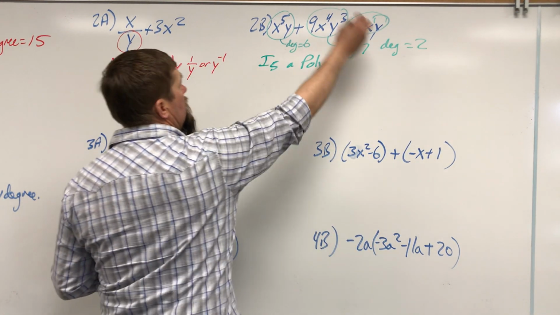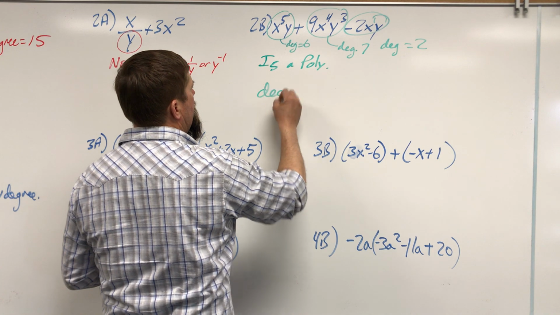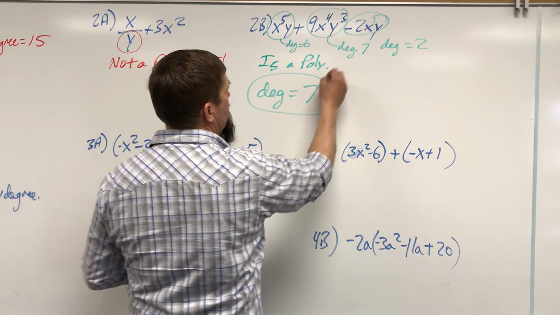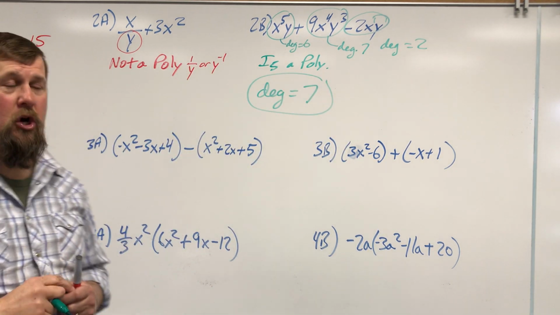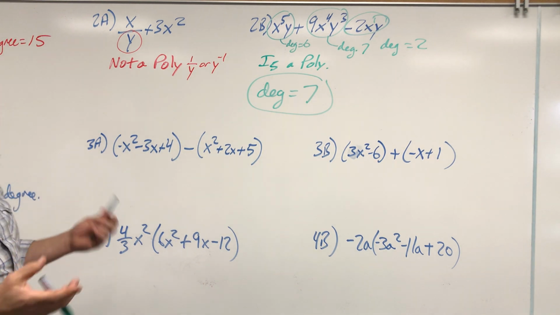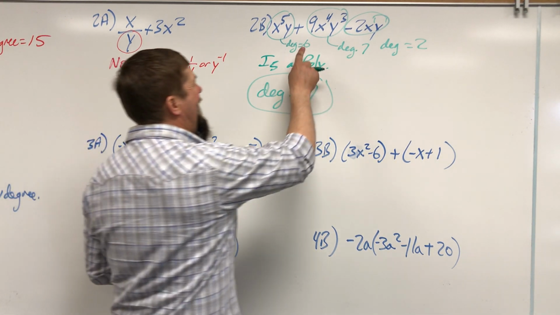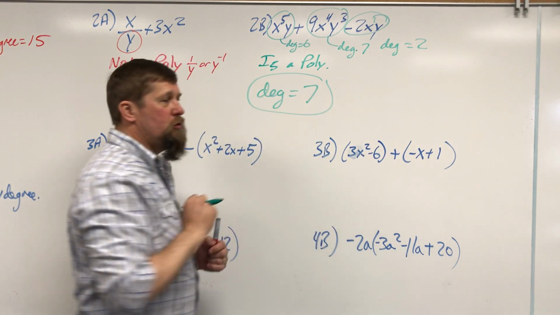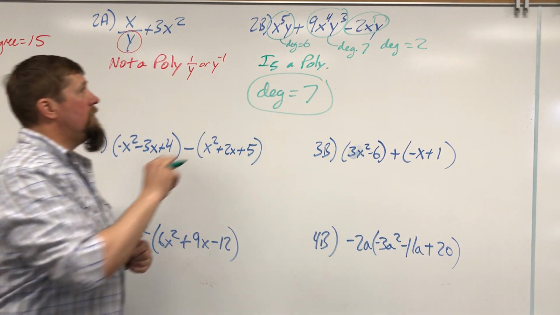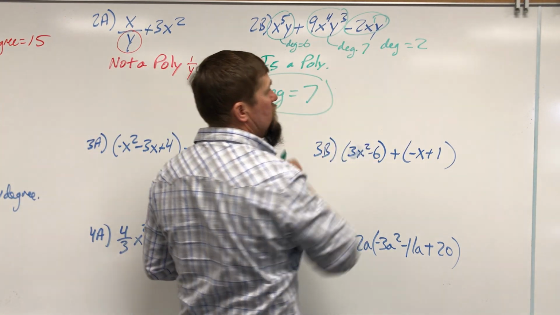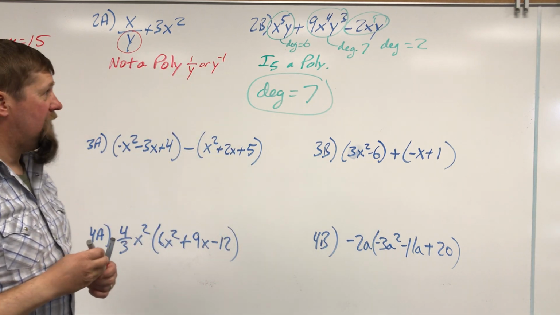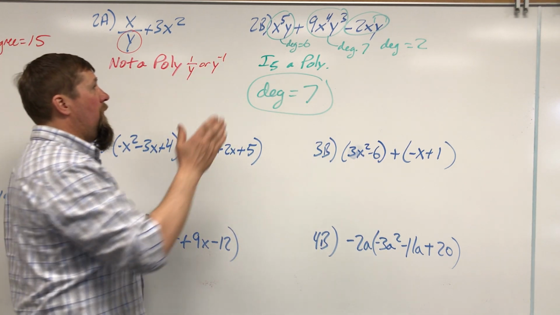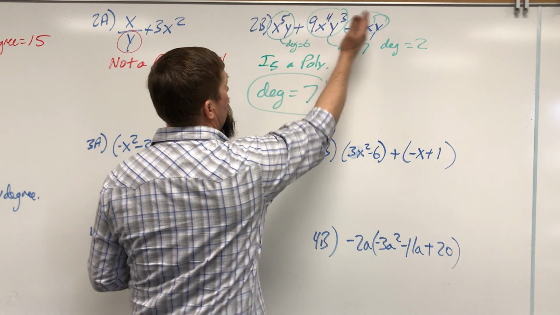So the degree of this whole polynomial is 7, because it's the same as the largest degree term. A common mistake students make is to add all of these, but you do not add them all. You only add the exponents within each term to find the degree of that term. The degree of the polynomial is the same as the largest degree term.